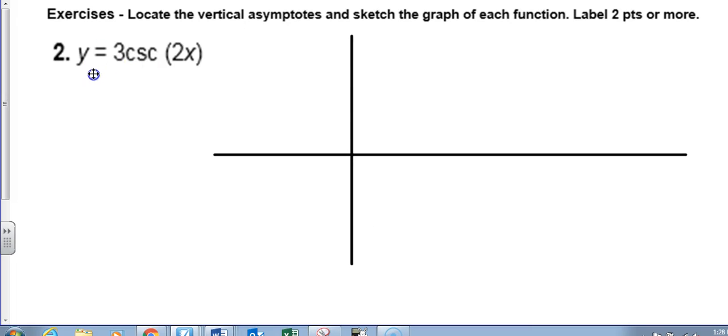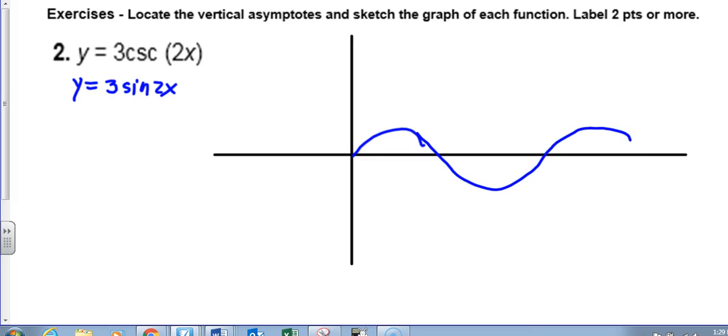All right, guys. What do I sketch first? 3 sine 2x. I'm just going to draw a sine graph. Oh, that's horrible. Okay. Where are the maxes and mins? 3 and negative 3.